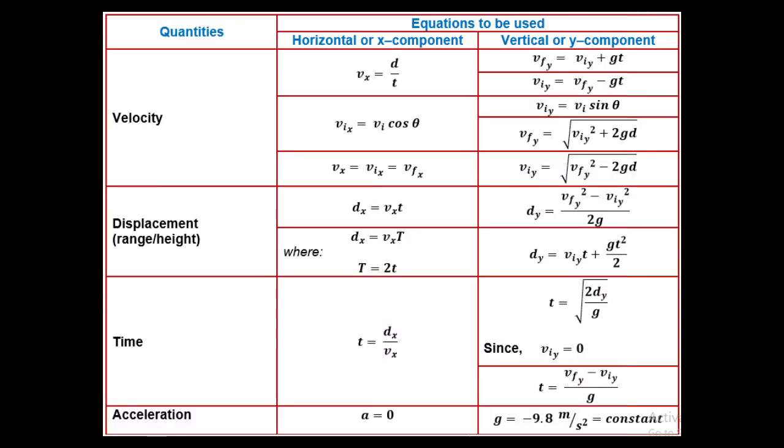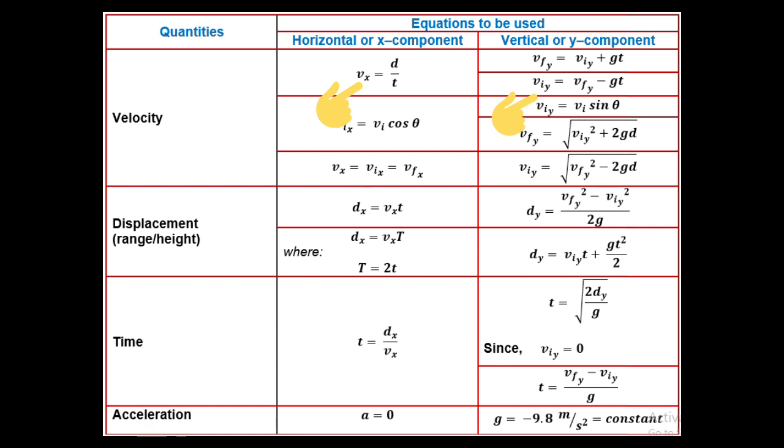Here are the following equations that you will be using to solve projectile problems. If you look closely at the equations, you will notice that we are making use of subscripts. These subscripts will help us to identify which of these equations will be used to solve for the x and the y components.